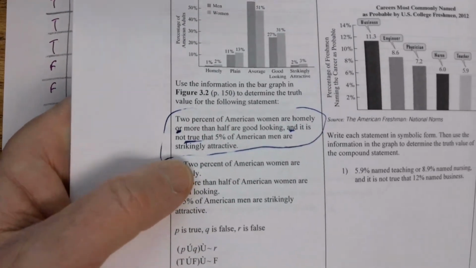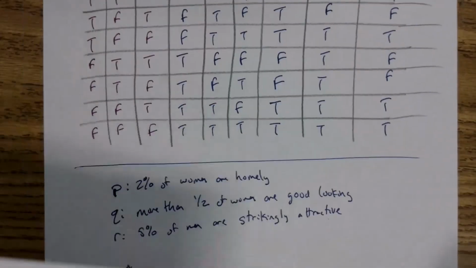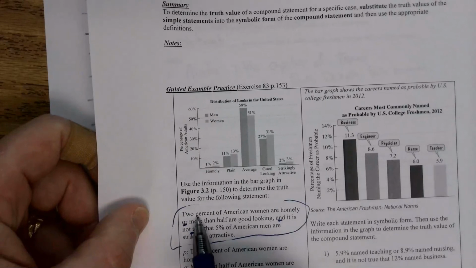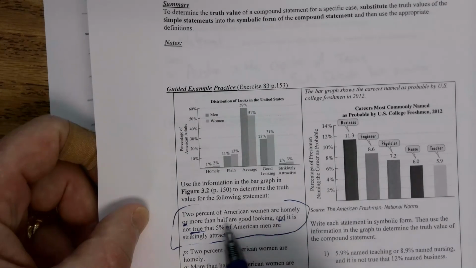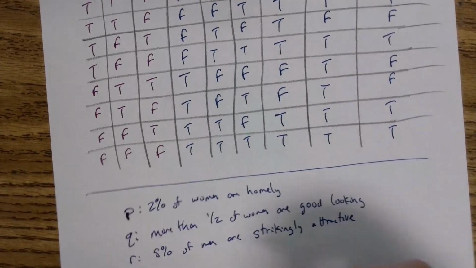So, can you write that in symbols? P or Q and not R. So where does the parentheses go?